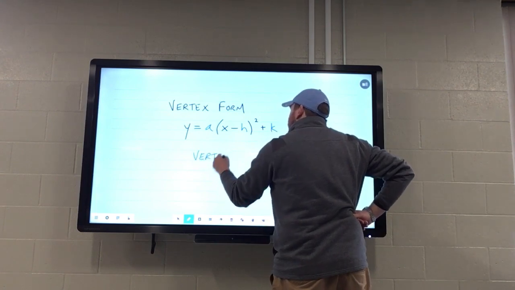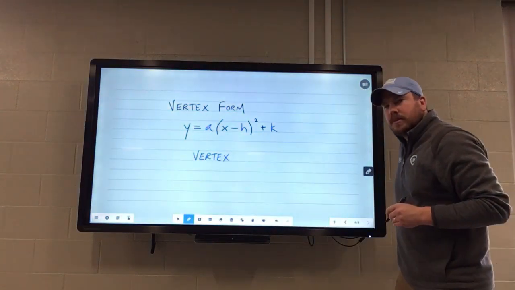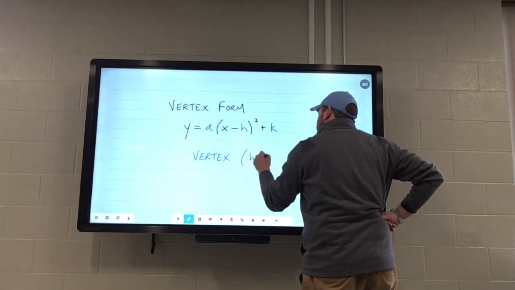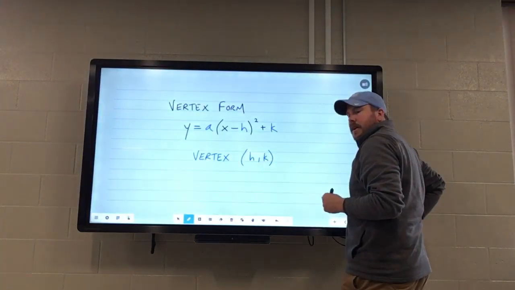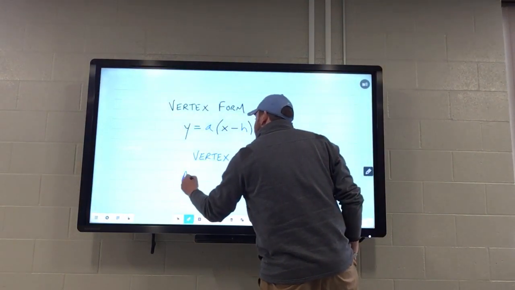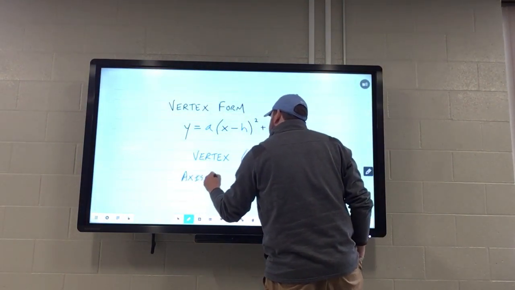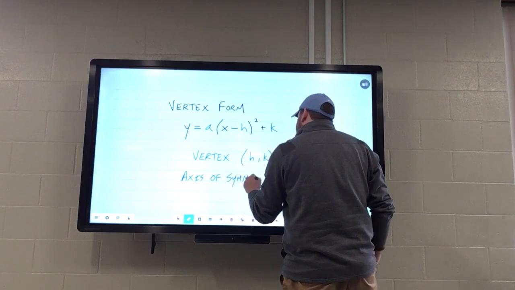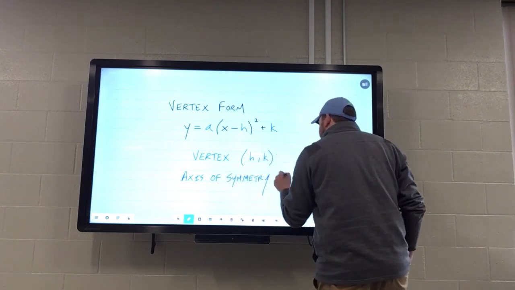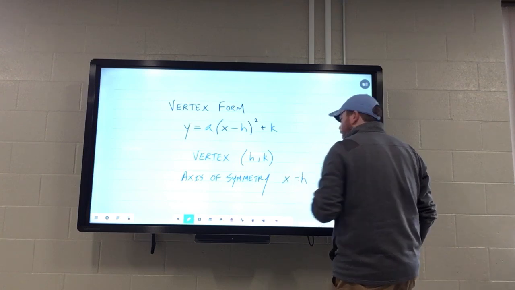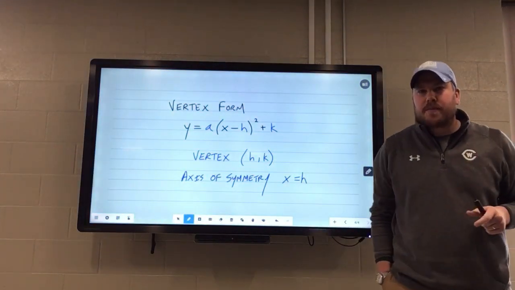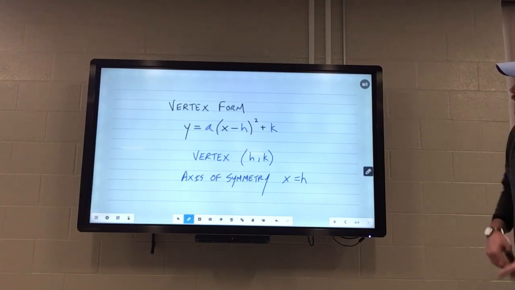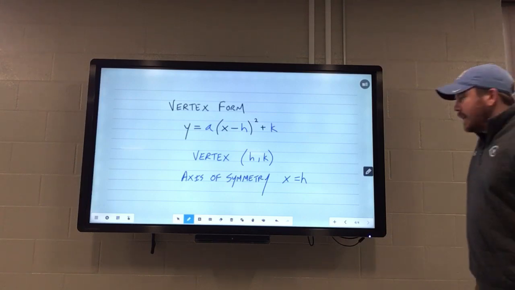Our vertex of a quadratic function that's in vertex form can be found at h, k. And we can also say the axis of symmetry is x equals h. Let's talk about what each one of those are. So let's go back to Desmos.